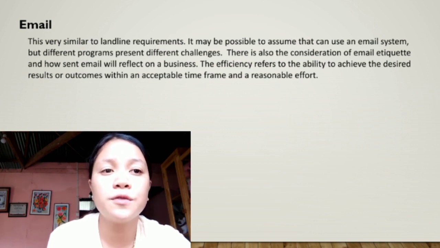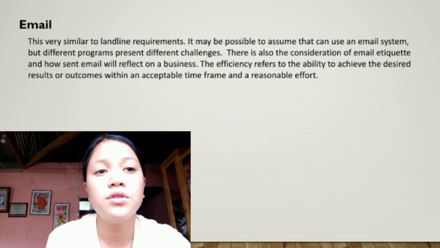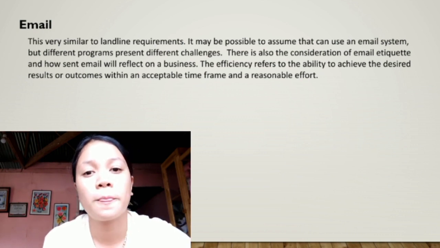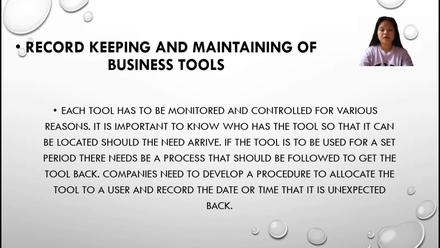Efficiency refers to our ability to achieve the desired result or outcomes within an acceptable time frame and reasonable effort. Maintain business tools and technology. Record keeping and monitoring of business tools.